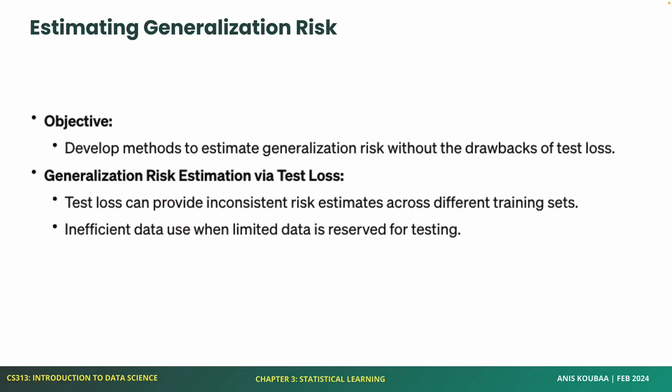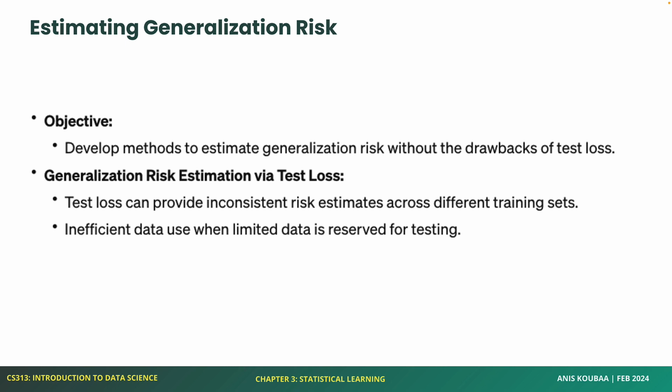As we already mentioned several times, our main objective is to have a generalization risk that is as general as possible. This is what we want to estimate, because in most cases we don't have the exact distribution of data, so we will do that empirically.